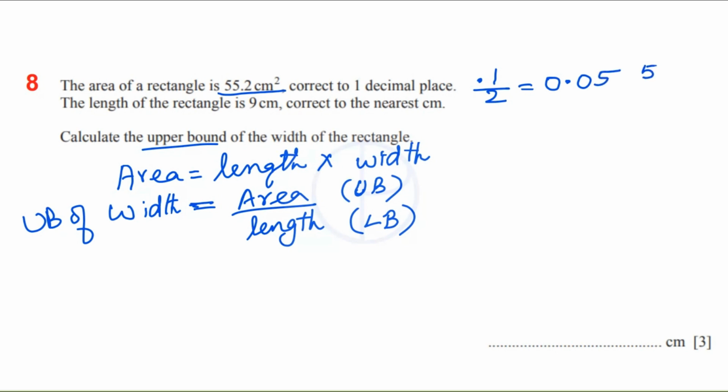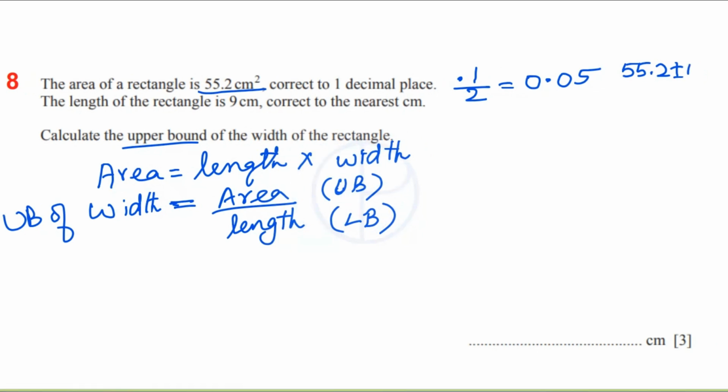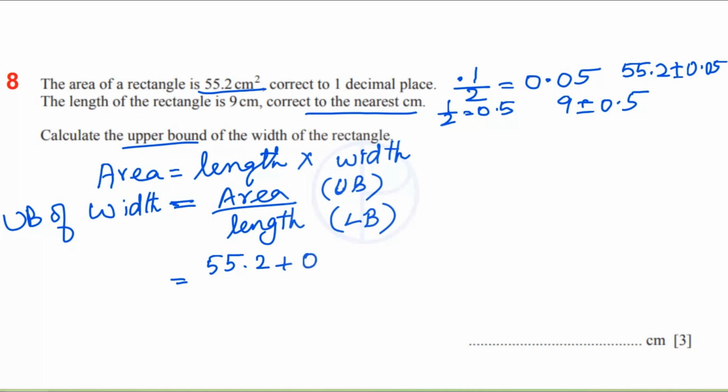So 55.2 plus or minus 0.05. And this is correct to the nearest centimeter. So 1 over 2 is 0.5. So 9 plus or minus 0.5. So what is the upper bound of area? 55.2 plus 0.05.